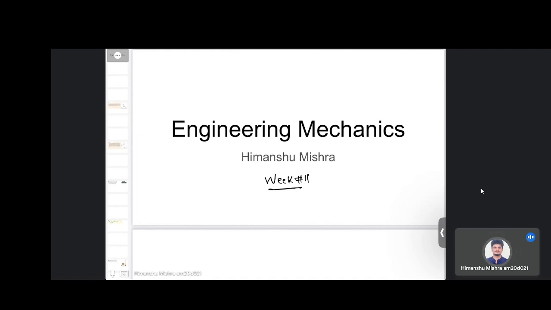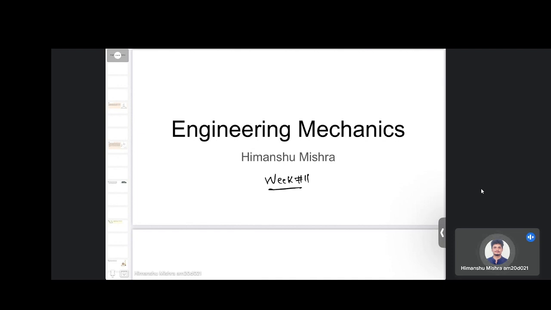Until last week, we have solved questions from kinematics, where we were concerned about the velocity and acceleration of a particle or a system. So, we solved plenty of problems related to that. But from today onwards, we will be solving questions where we try to relate the force with the acceleration or velocity, and the moment with the angular acceleration or angular velocity.